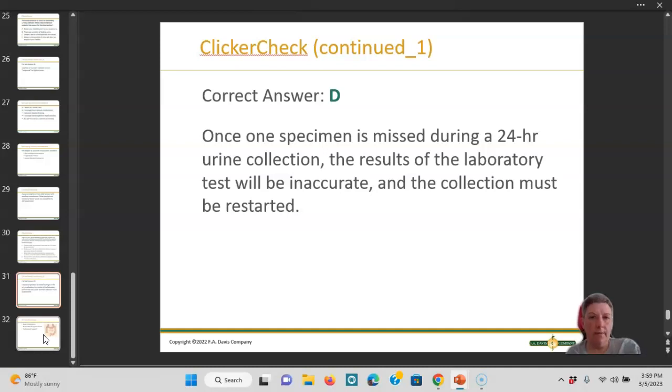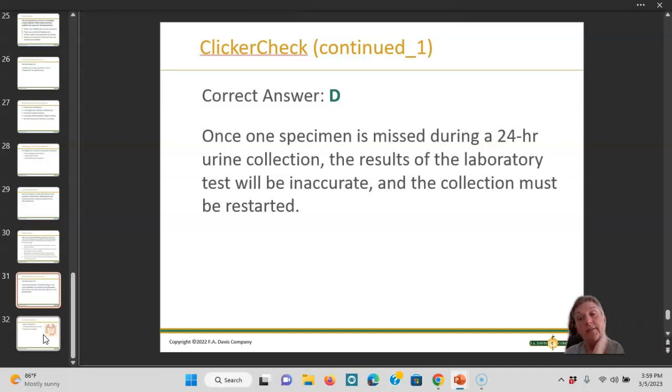One missed specimen is important. It's going to make it inaccurate, and the collection has to be restarted all over. That's why you have multiple signs in the room and in the bathroom to put it in the collection. This is a staff error.